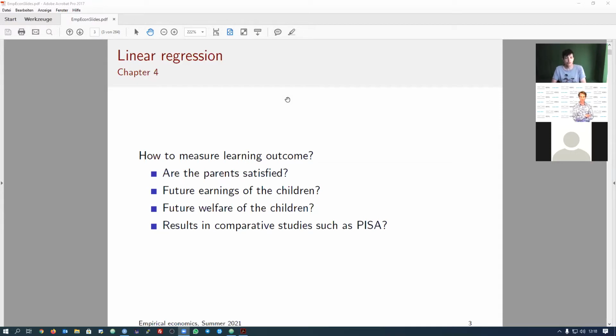So what we are very often looking at are results of comparative studies, for example PISA, or other standardized test results that we can apply directly after an experiment, or that we can observe at the same time as we observe, for example, the class size. And then we can compare class sizes and the outcomes of such standardized tests.